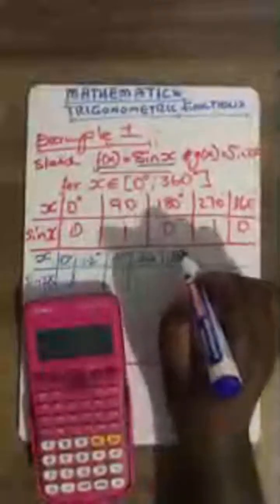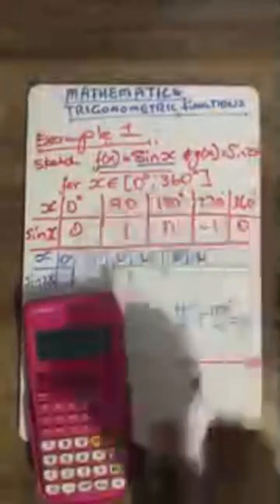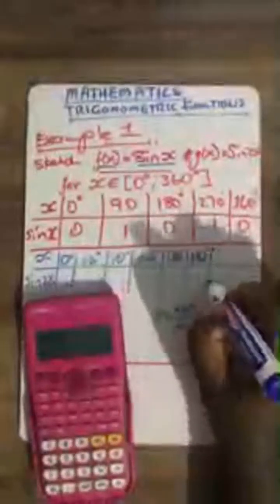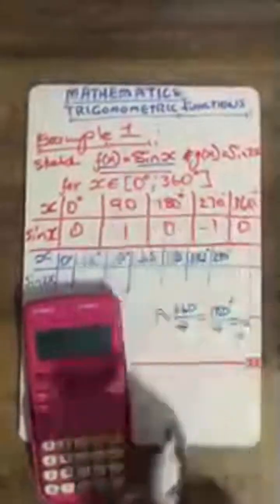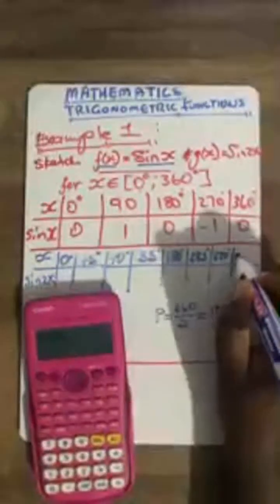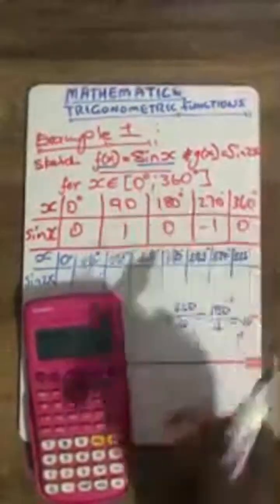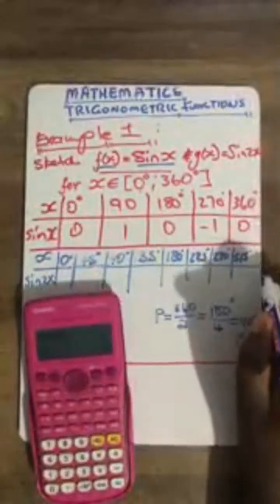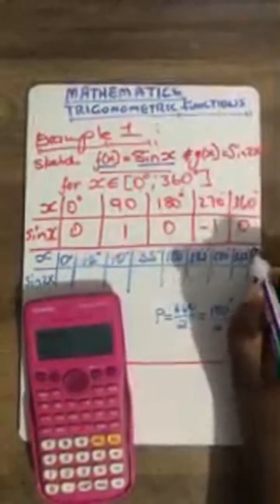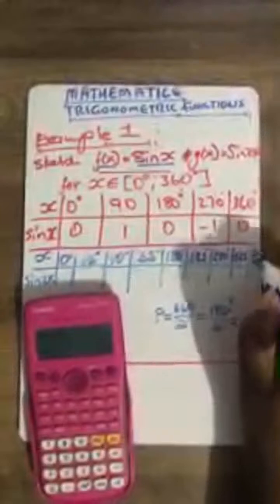And then plus 45, you have 180 degrees, plus 45, you have 225, plus 45, you have 270 there, plus 45, you have 315 there, plus 45, that one is going to be 360 degrees, being the last one.